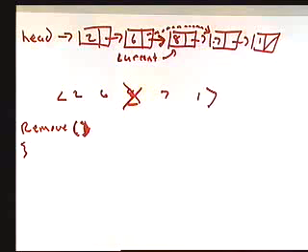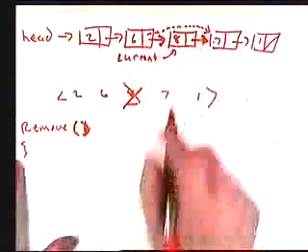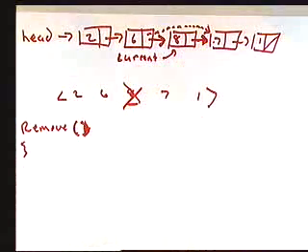So once again, if we can find a way of, in constant time, getting rid of the value 8, that focuses on the values rather than the implementation, that would be what we want. And we have such a situation here. Because even though I can't get to my previous node easily, I have this pointer here that 8 points to the node containing 7. I can get to the node containing 7 very easily.